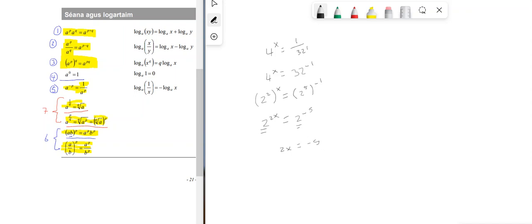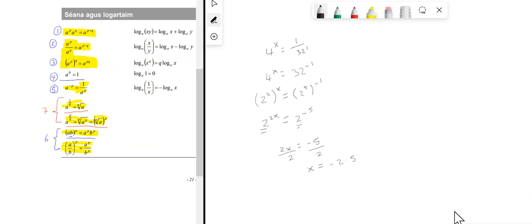Then we can get rid of the 2 in front of the x, so let's divide that by 2, divide that by 2, and then x is going to be equal to minus 2.5. Okay, so that's another example of an equation that has an index in it.